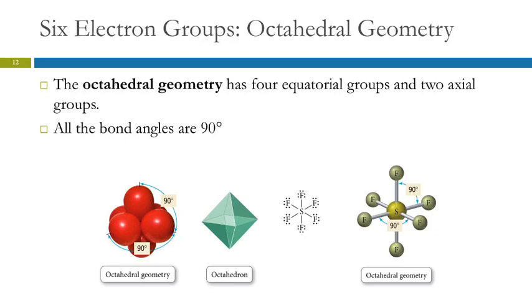But the distinction here is not as important because now with 4 groups around the equator, the bond angle there is 90 degrees. And the bond angle between the equatorial and the axial is also 90 degrees. So all the bond angles are the same. An example molecule for this would be sulfur hexafluoride. It's got 6 single bonds. Any questions?